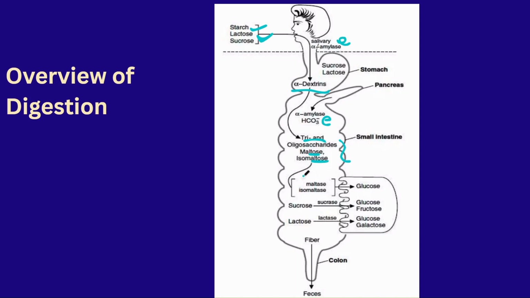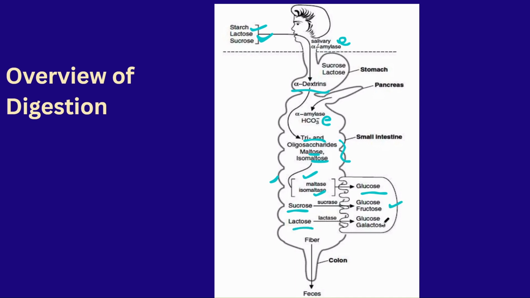Next, all these compounds will enter into the small intestine, right? In the small intestine we have maltase and isomaltase. These are different types of enzymes. These compounds are broken down into glucose. Here we have sucrose. It is converted into glucose and fructose.